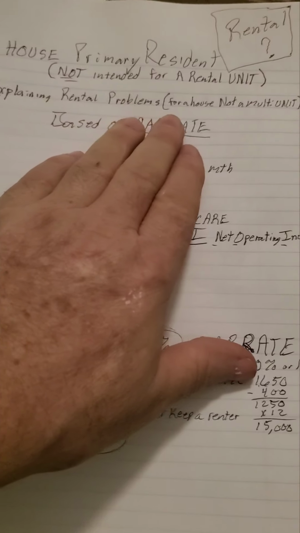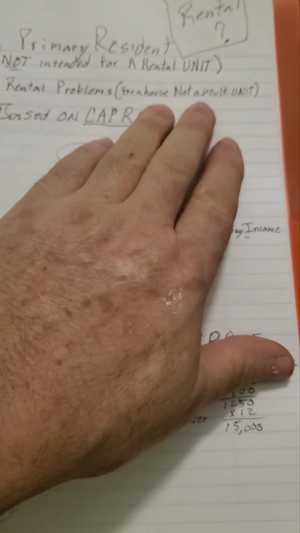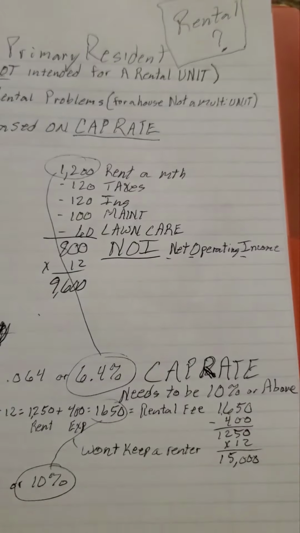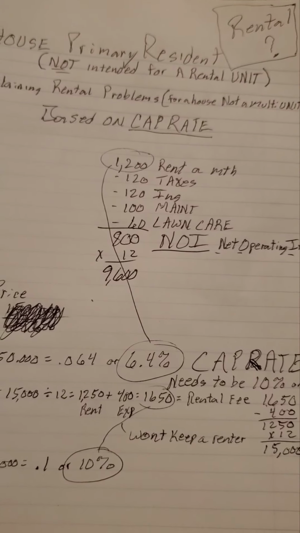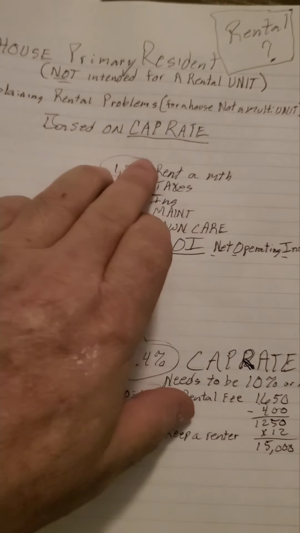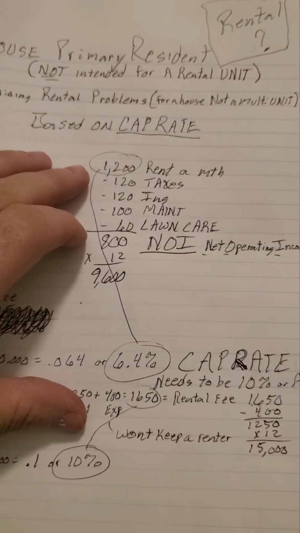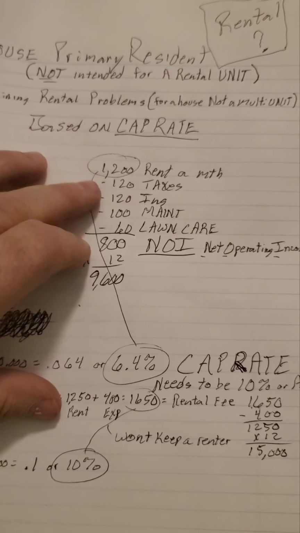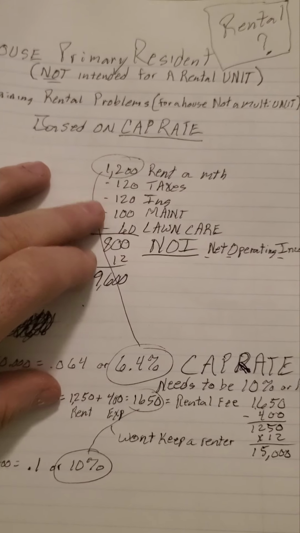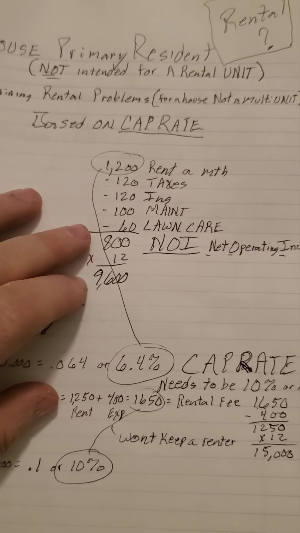Explaining rental problems for a house, not a multi-unit. If you've got a multi-unit, rental, of course, is good. These figures are based on cap rate. If you're getting $1,200 a month rent, out of that $1,200 I have to pay taxes, insurance, maintenance, lawn care, maybe property management.